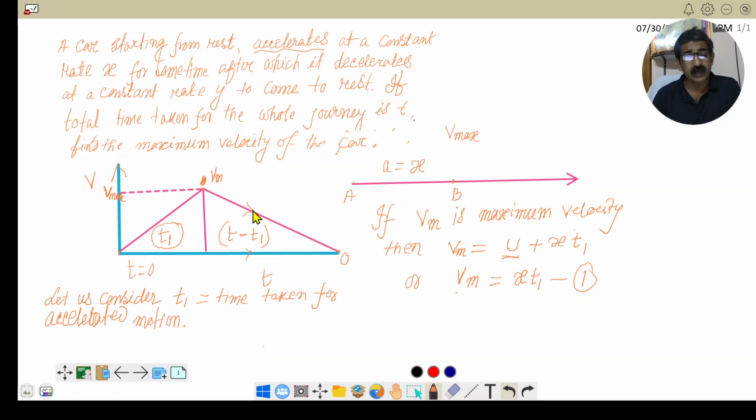Similarly, at this point, the velocity is equal to Vm, and at this point, velocity is equal to 0. This is motion with deceleration. So the time taken for motion with deceleration is equal to t minus t1.